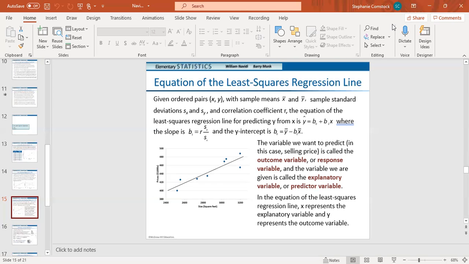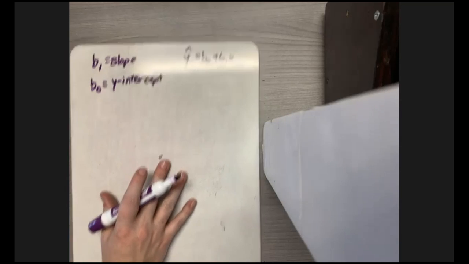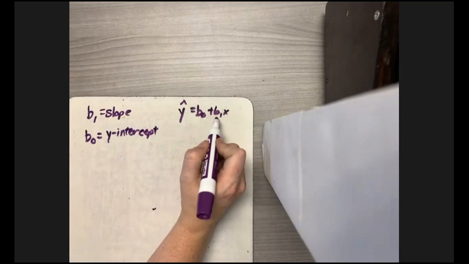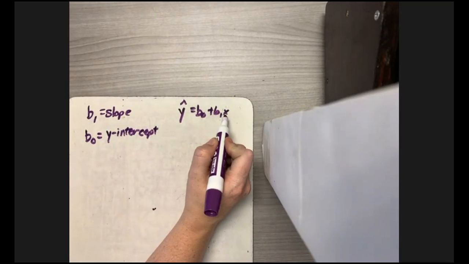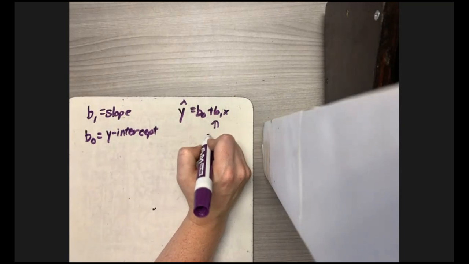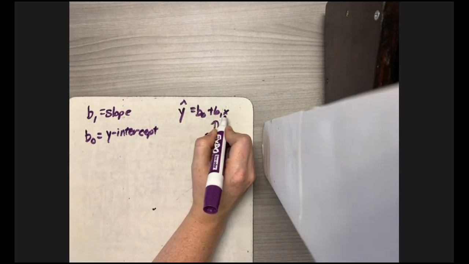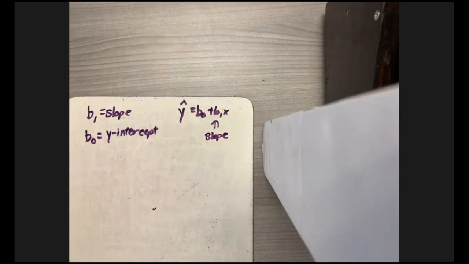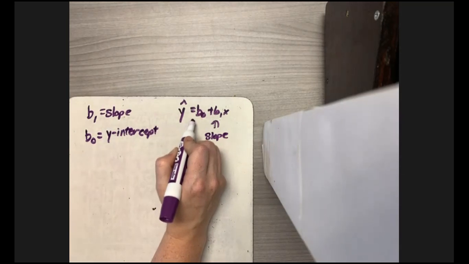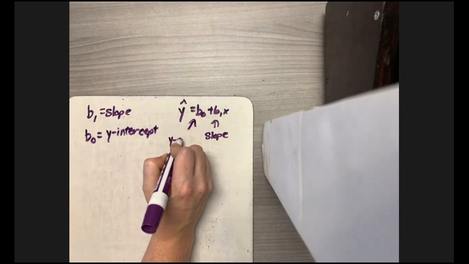So now what I want you to understand is, the way that this book presented this, B1 is the slope. And what you need to know is that the slope is right in front of the X value, okay? So the slope is always going to be associated right in front of the X variable. And then B naught is your y-intercept.